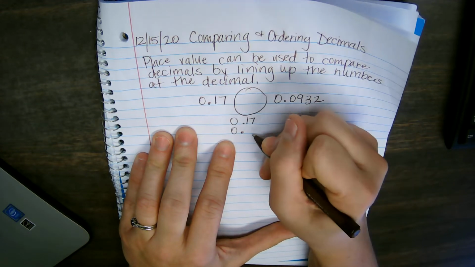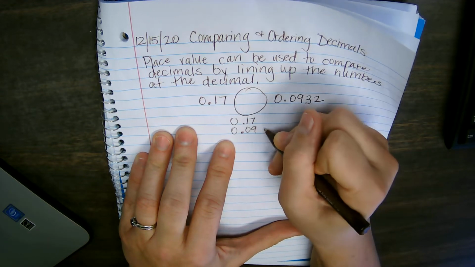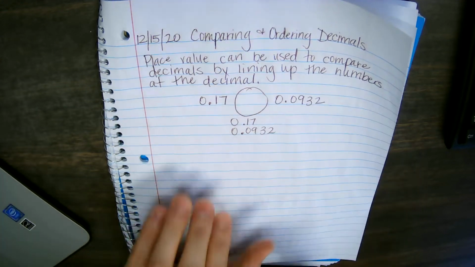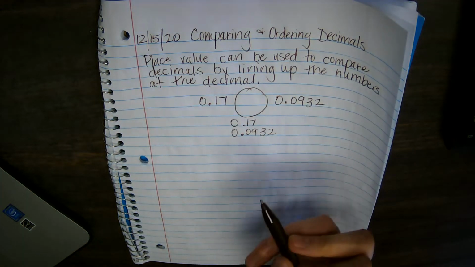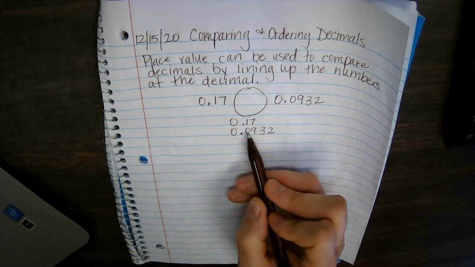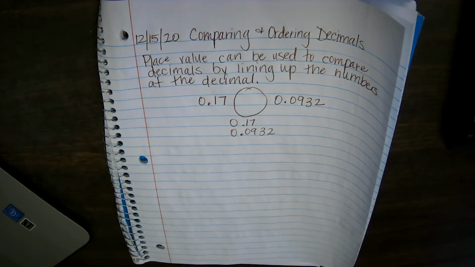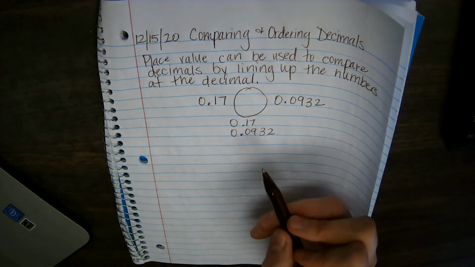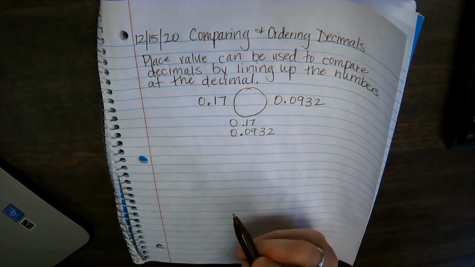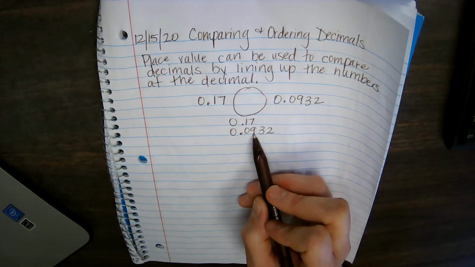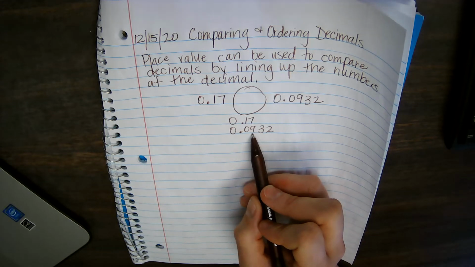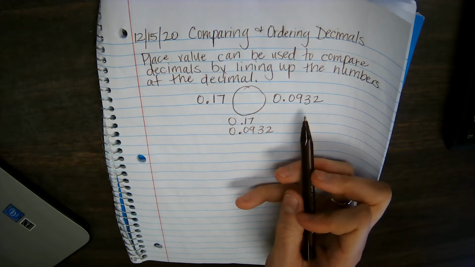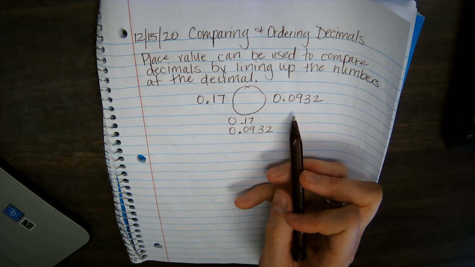So if I lined these up at the decimal, whichever one has the biggest number here, look, this number is bigger. Even though there's a 9 here and that's bigger than 1, it's not until the next place, right? A tenth is bigger than 9 hundredths.